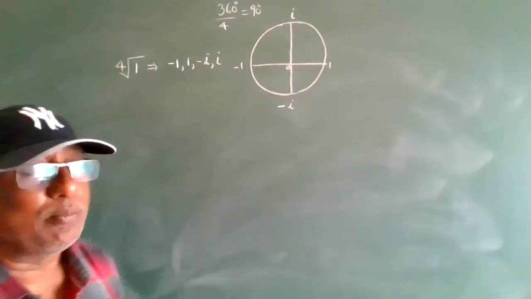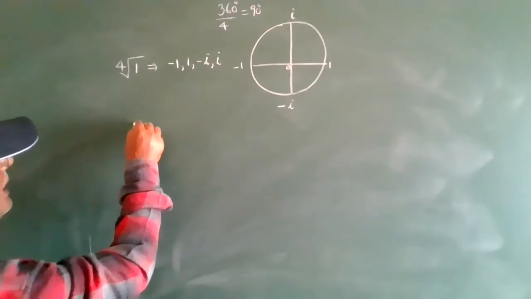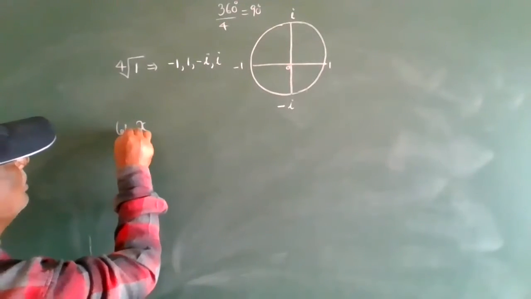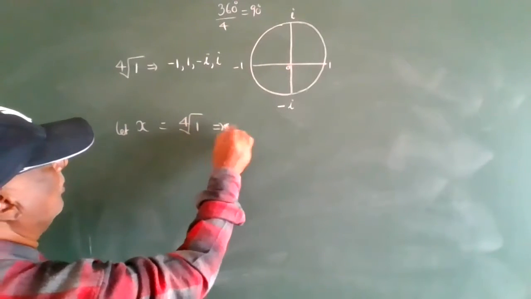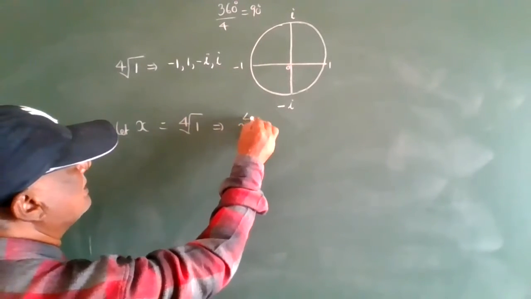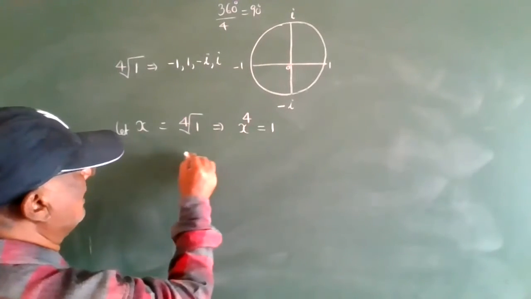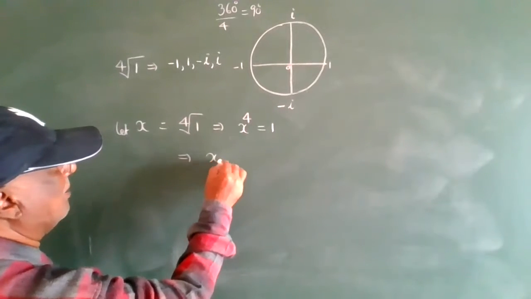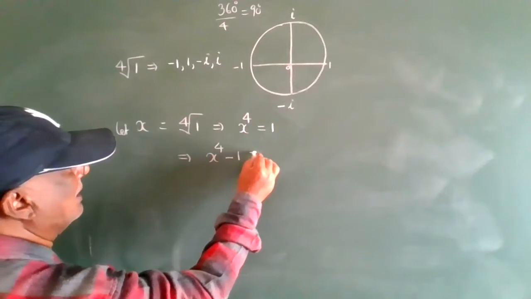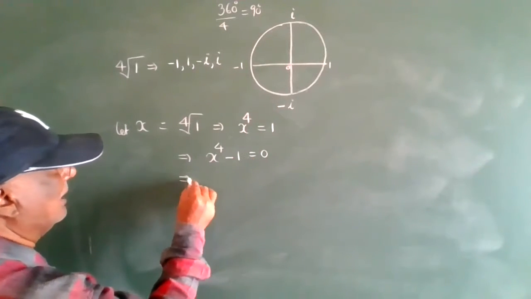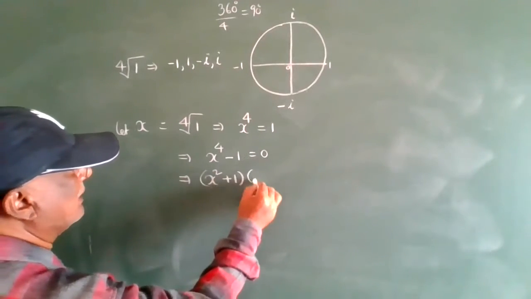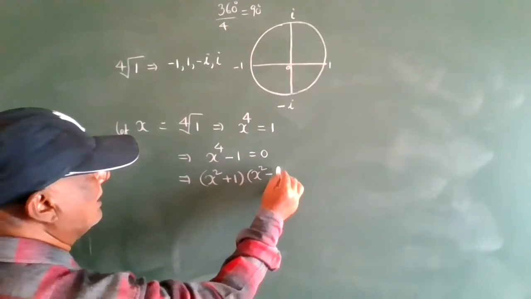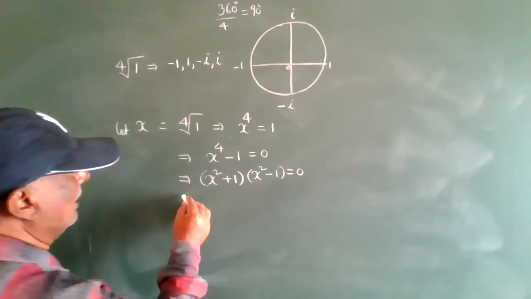If you want to prove it, see: x is equal to the fourth root of 1. Therefore, taking the fourth power on both sides, x to the power of 4 is equal to 1. x to the power 4 minus 1 is equal to 0. This is x square plus 1 into x square minus 1 is equal to 0.